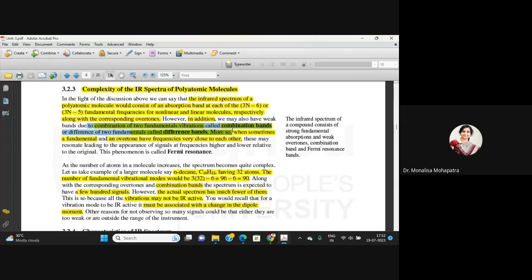Sometimes a fundamental and a nearby weak overtone have close frequencies and resonate, leading to another signal at a higher or lower frequency relative to the original position. This is called Fermi resonance.